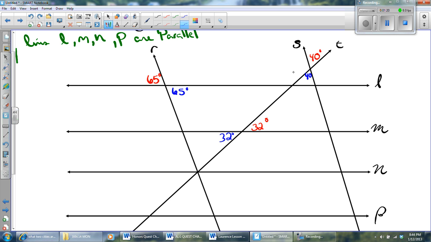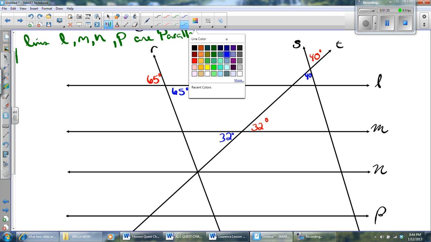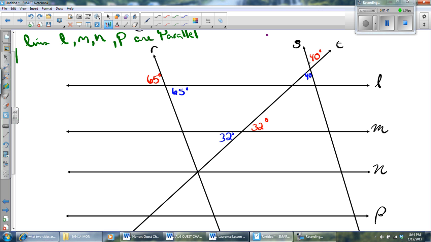And right now, I think that's it for my vertical angles. So I'm going to use a different color for each type of angle I do. Now, some will have multiple possibilities, but I did all my vertical angles in blue, so I'm going to do my supplementary angles in purple.